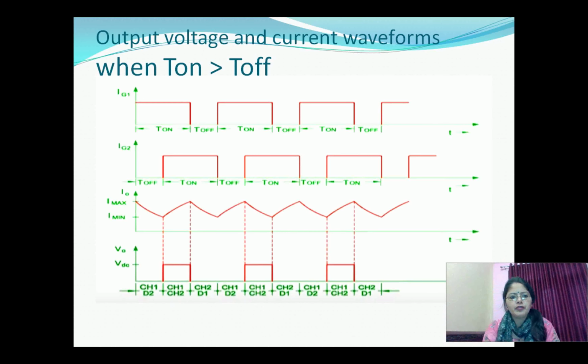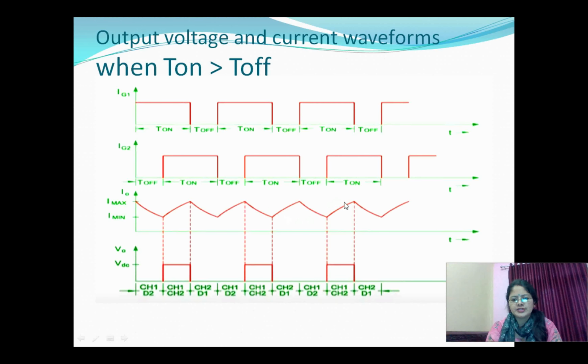These are the output voltage and current waveforms of class D chopper in the first condition, when T on is greater than T off. In these waveforms, Ig1 denotes the gate current 1 for triggering the thyristor, or chopper 1, and Ig2 is for triggering chopper 2.